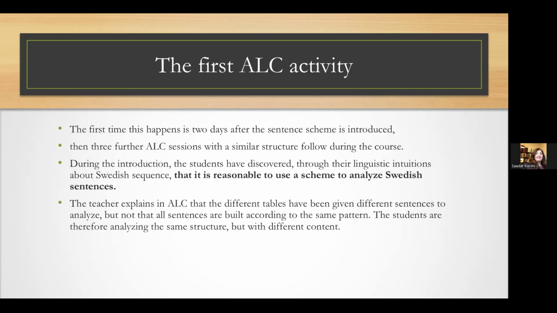discussion. After this, the phase starts again one or more times with new and slightly more complicated sentences to analyze until the 2 hours that the ALC lesson lasts are over.